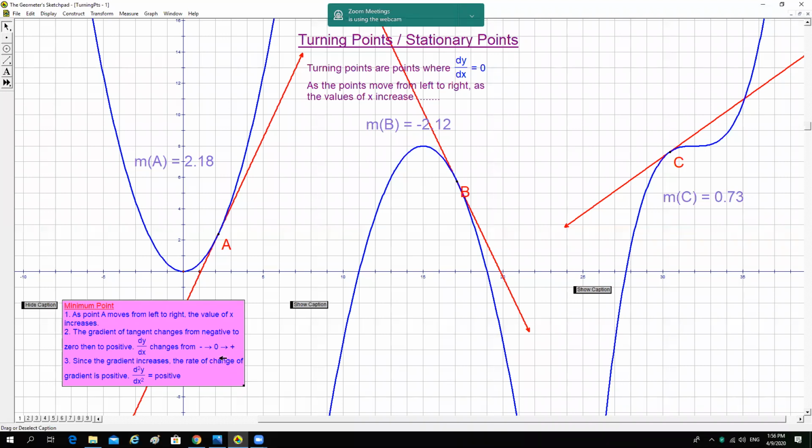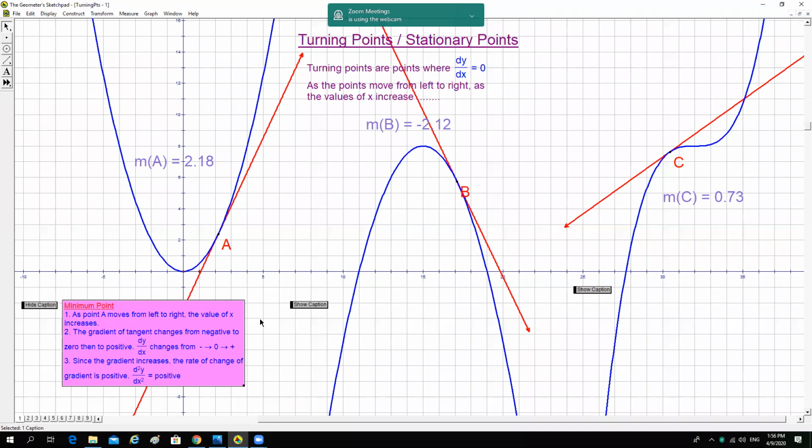The rate of change of gradient is not dy/dx. The gradient is dy/dx. The rate of change of gradient is d2y/dx squared. That is the second derivative. The first derivative, dy/dx, is the gradient. The second derivative, d2y/dx squared, is not the gradient. It is the rate of change of gradient.